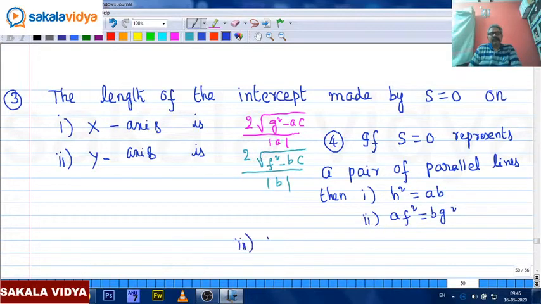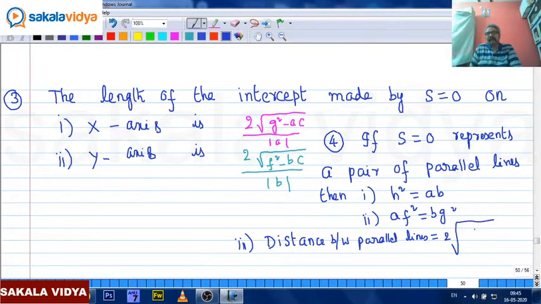And third point is the distance between parallel lines. What is the distance between the parallel lines? 2 root of (g square minus ac) by a into (a plus b), or 2 root of (f square minus bc) by b into (a plus b).